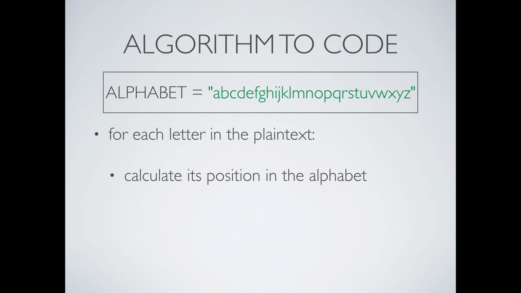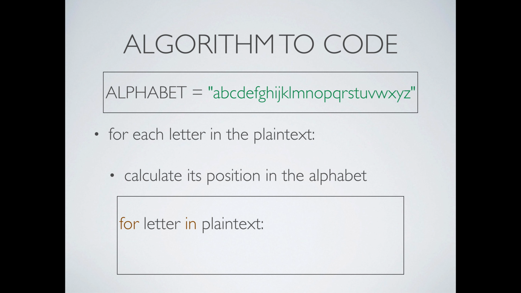Conveniently, there is a built-in Python method that works on strings that basically returns the index of a character in a string, which is exactly what we want. So again, we're going through each letter in the plain text one at a time, and we want to find where that letter is in our alphabet.